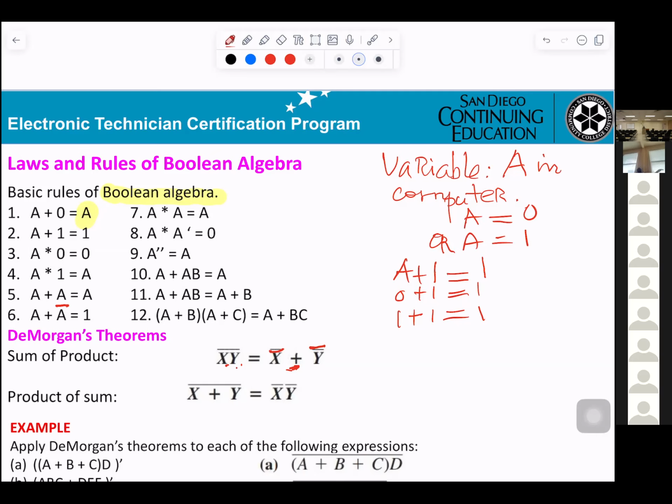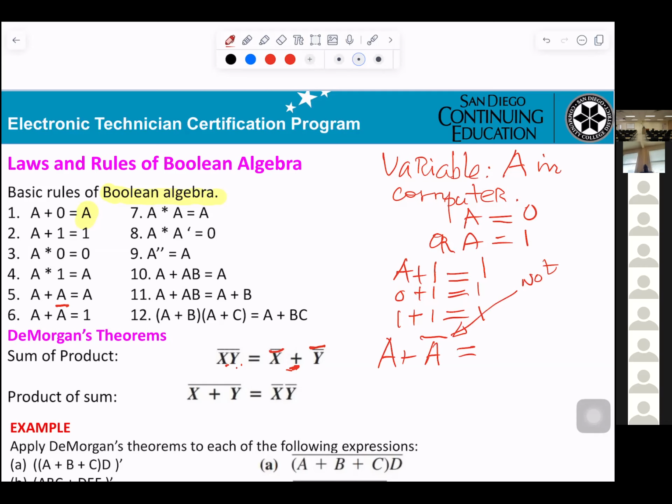A times 1, you get A. Or A times A, you get A, not 2A. Okay? A times not A. A with a bar over it means not.